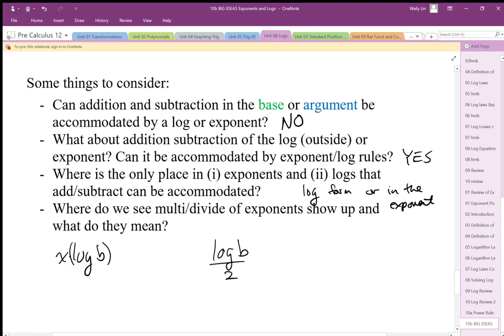If I'm dividing a log or dividing an exponent, what does dividing exponents really mean? Well, it means roots. This divide means root. This divide must also mean root. Yeah, it does. When I actually do some rearrangement of this, it does show up as a root as well. So divide on the outside of the log means root. Divide inside the exponent means root as well.